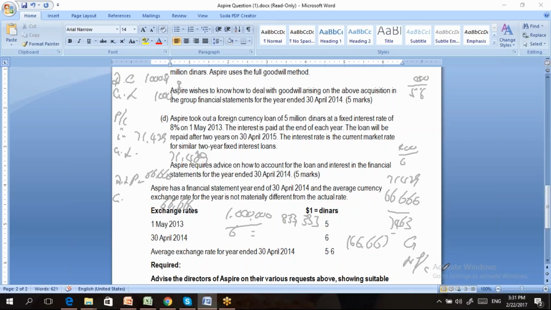The main change is whether question one is going to be a P&L, a cash flow or a SOFP. And for the other questions, if it's a foreign exchange question, almost this kind of question will come.